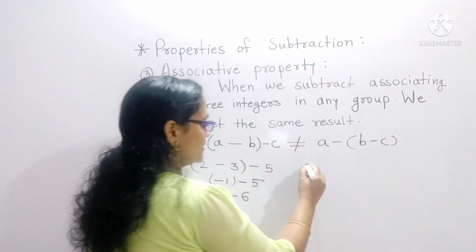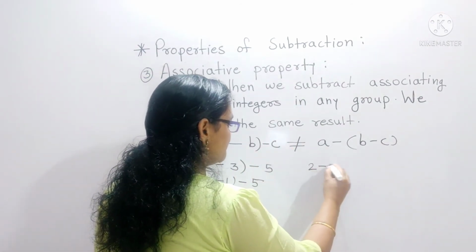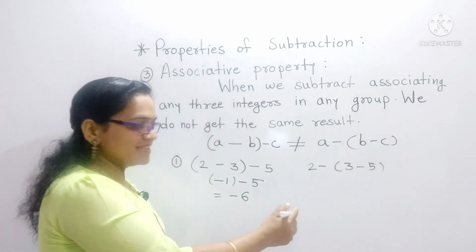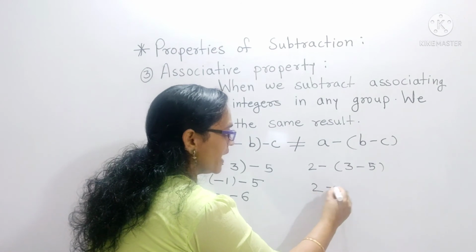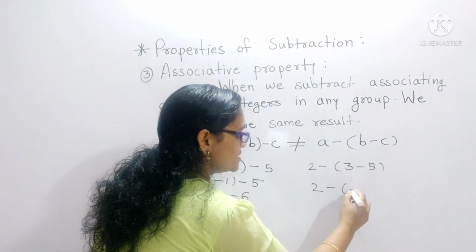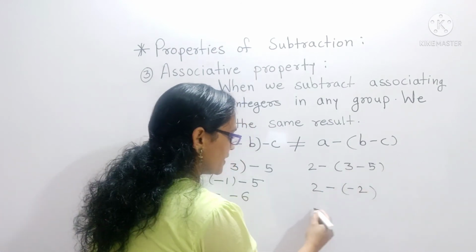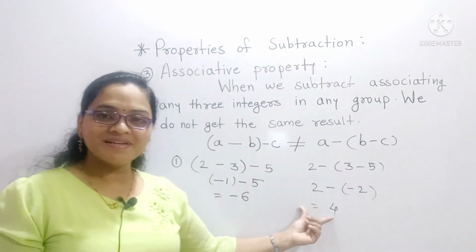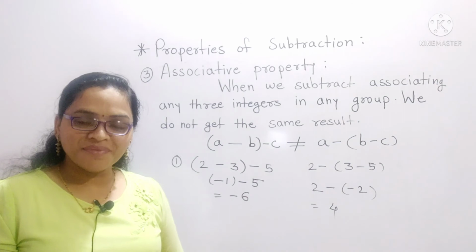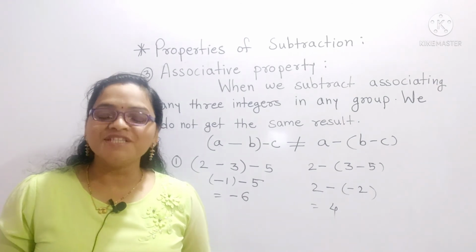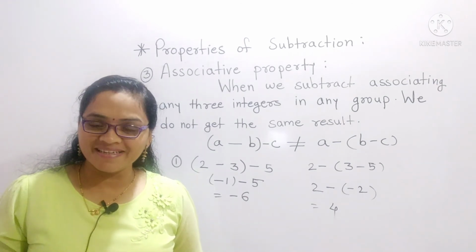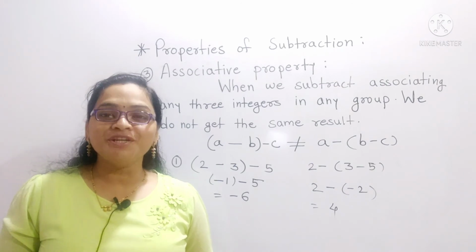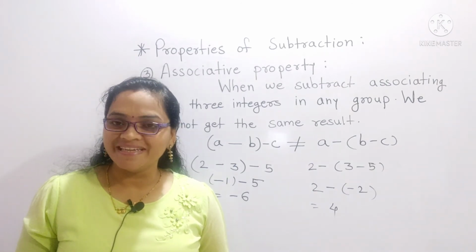And if we subtract 3 minus 5 first, then 2 minus the result, 2 minus minus 2 is equal to 4. And the differences are different. Means subtraction is not associative for integers. That is an important one. Subtraction is not associative for integers.